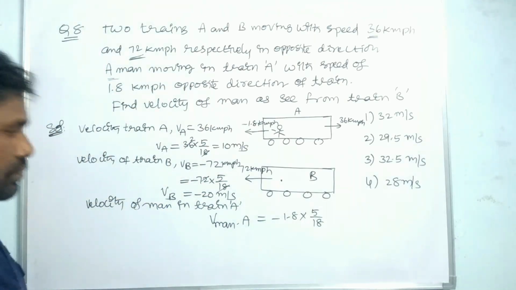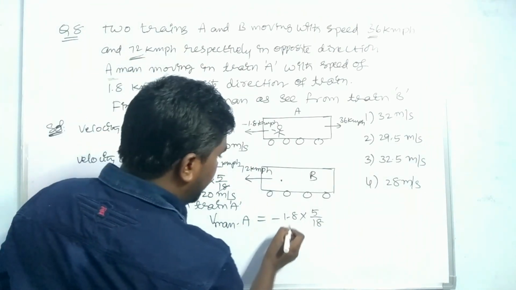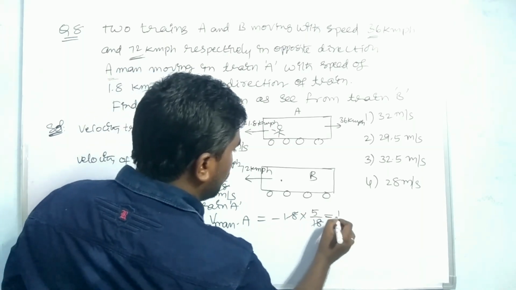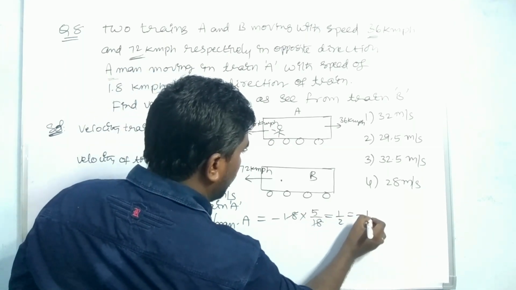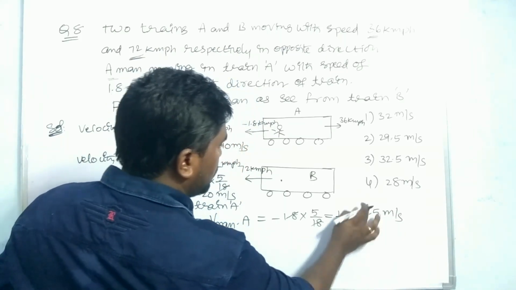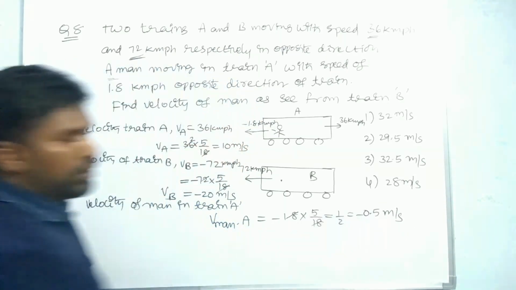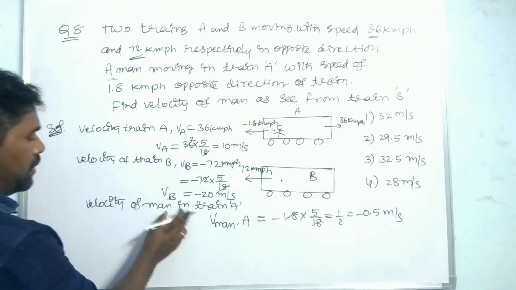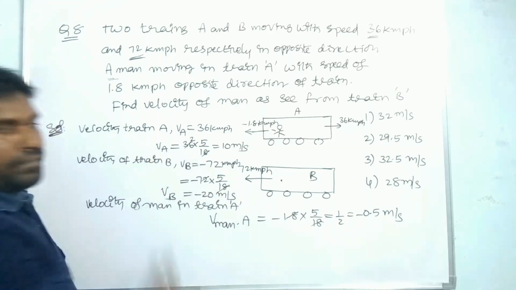So 18 cancels, 5 by 10, which is equal to 1 by 2, so it is equal to minus 0.5 meter per second. This is the velocity of the man in train A.